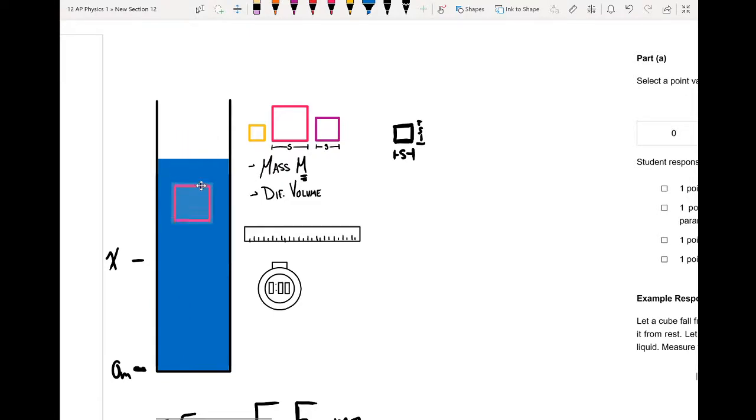So I'll say fully submerge it, measure the distance that the bottom edge of the cube is from the bottom of the cylinder and call that height x. And then I'll say drop it and measure the time for it to hit. But I want to be very specific about that because I know that density or buoyancy is going to change with the amount submerged. So because that's the case, I want to try to control that. I want to eliminate that error.